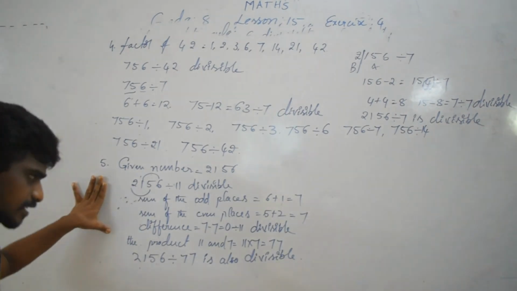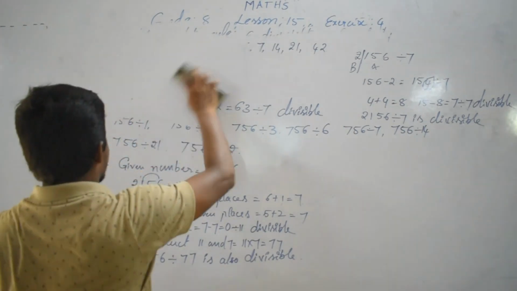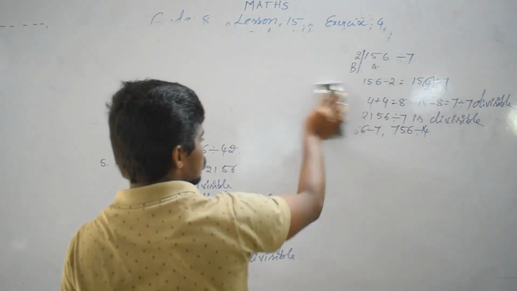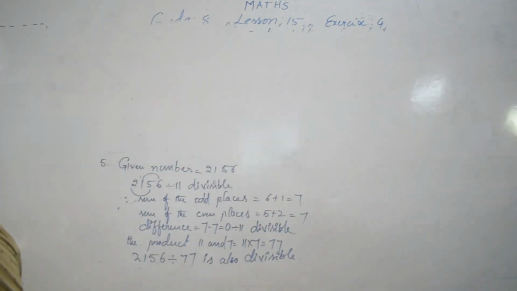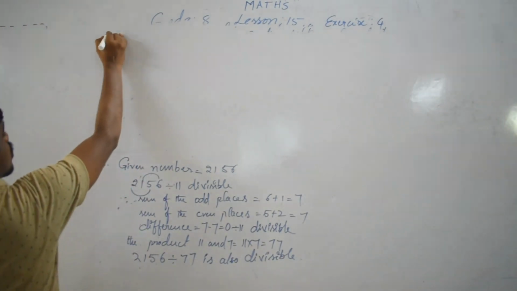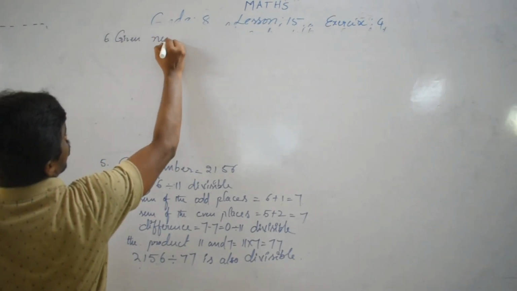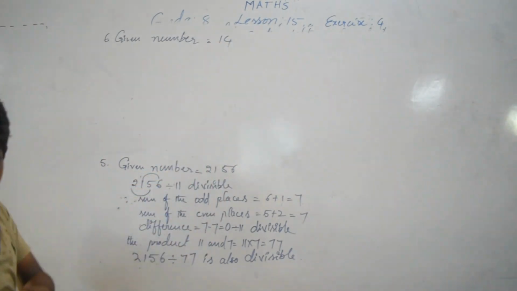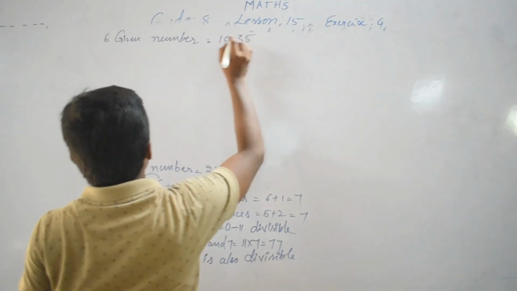This is like the sixth one. Here the given number is 1435.